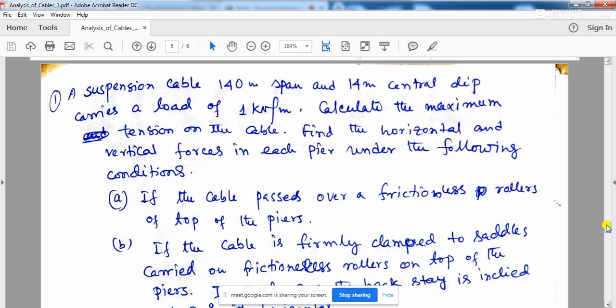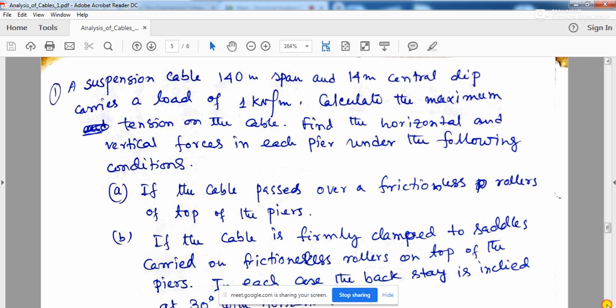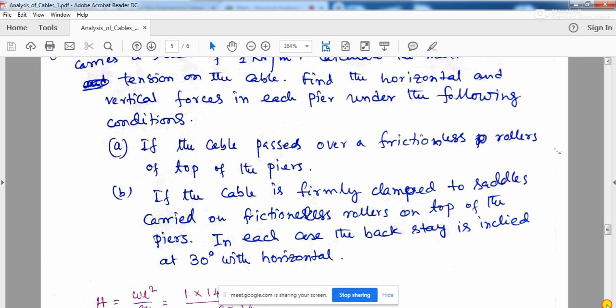The first is if the cable passes over frictionless rollers on top of the piers, so it is basically just a pulley. The second is if the cable is firmly clamped to saddles carried on frictionless rollers. So one is the saddle supported on roller, and the other is the pulley.